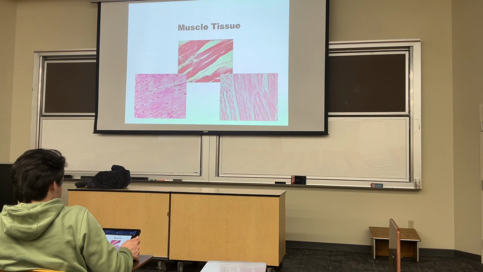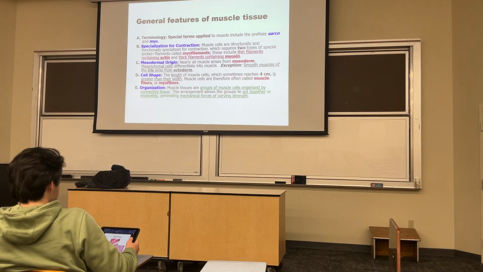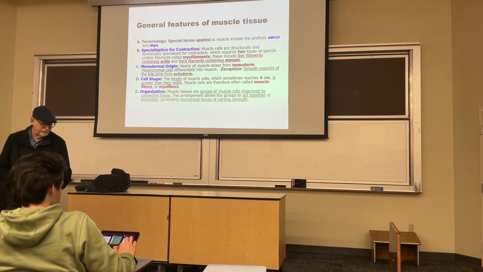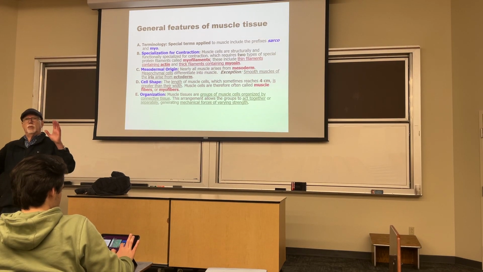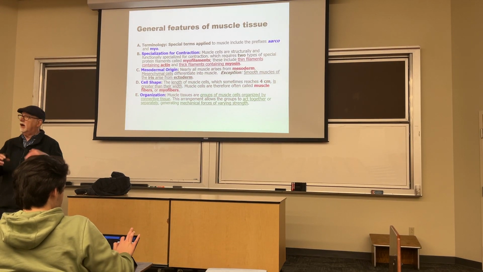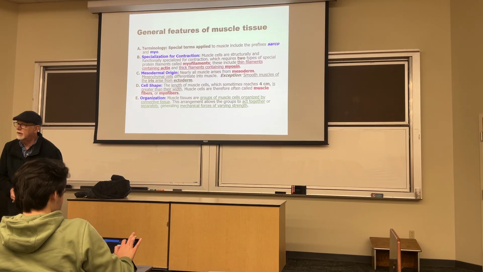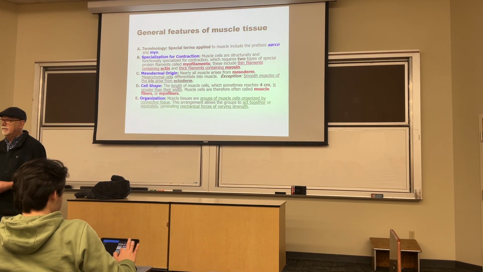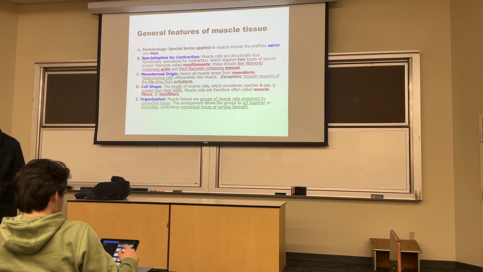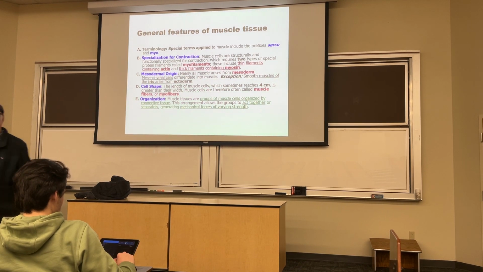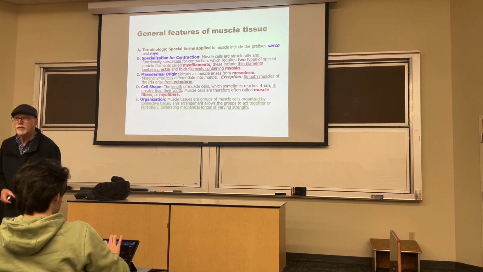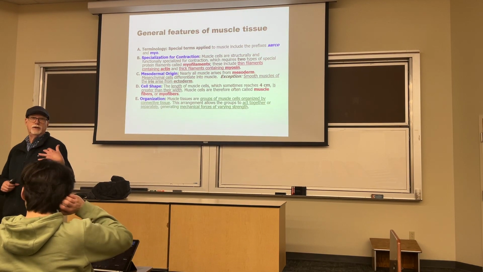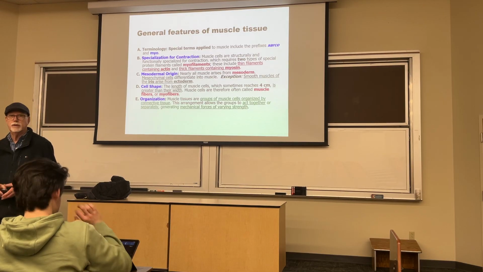When we look at these three, the first thing we can notice is, for odd reasons, we change the names of a lot of the cell structures when we're talking about muscle. That's odd, isn't it? And so instead of the plasma membrane, we can call it the sarcolemma. Instead of the endoplasmic reticulum, we can call it the sarcoplasmic reticulum.